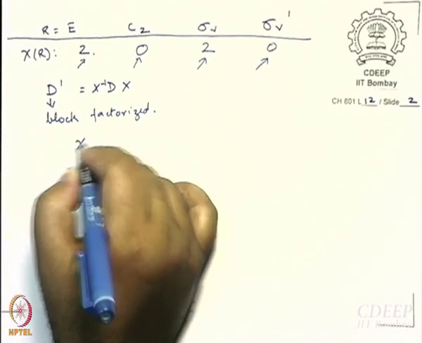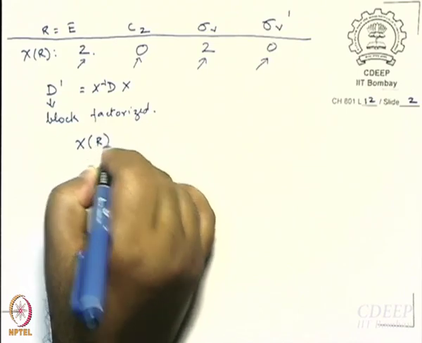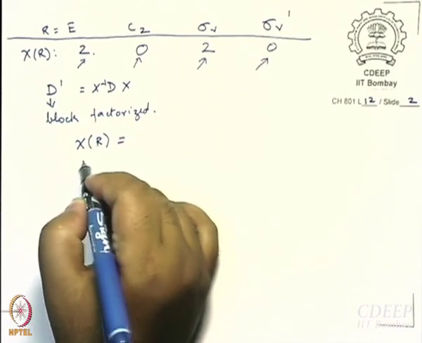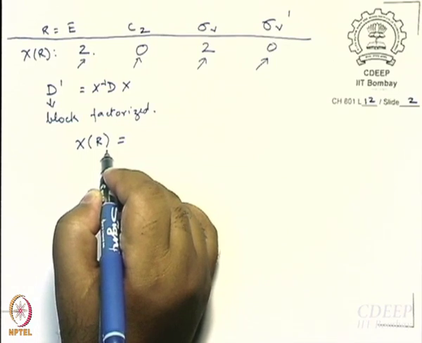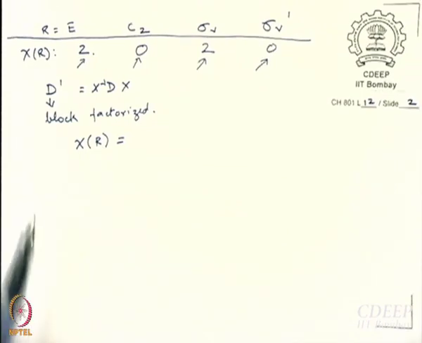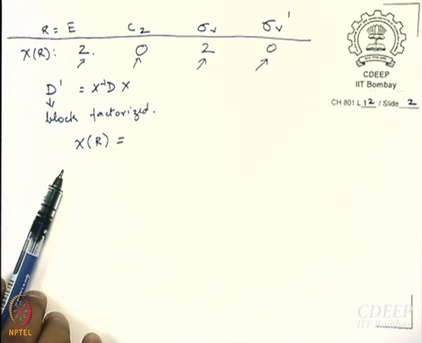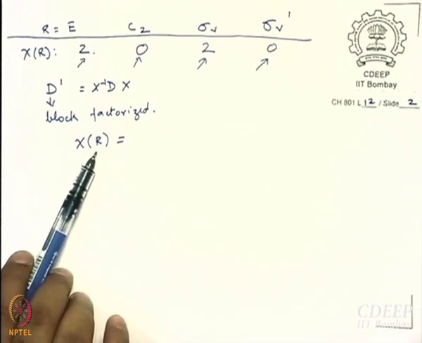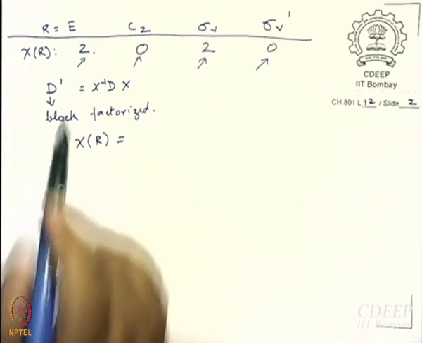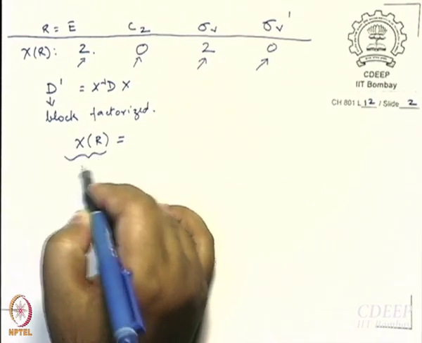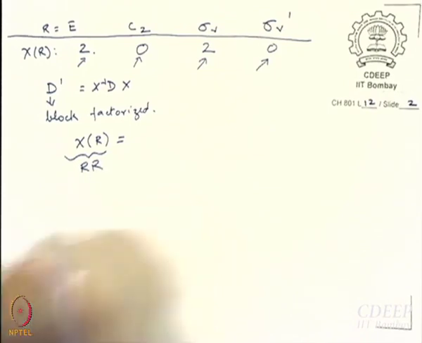Now if you have block factorized matrices, then will you allow me to write things like this: chi of R is the character of the transformation matrix corresponding to R in the reducible representation. RR means reducible representation. These are the characters of the reducible representation.